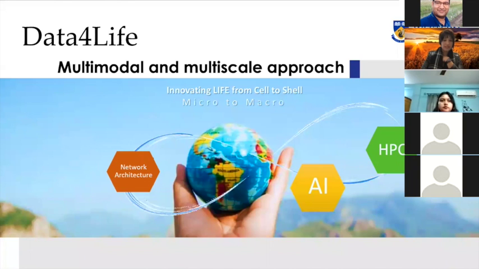So for doing all that and for handling a lot of data, you need a multimodal and multi-scale approach. I call it data for life, and it's innovating life from cell to shell. So you're studying cells, but you need a lot of information and a lot of processing in the shell to be able to do that.